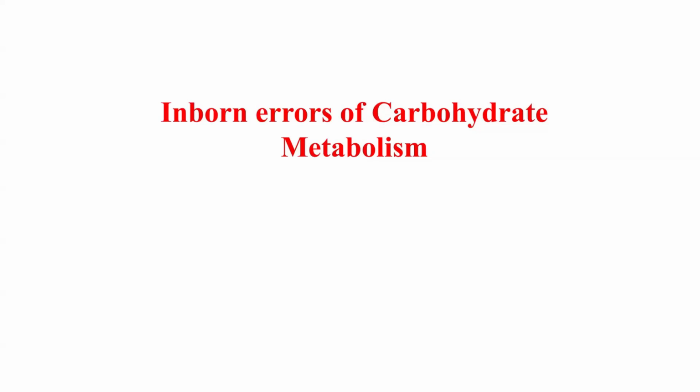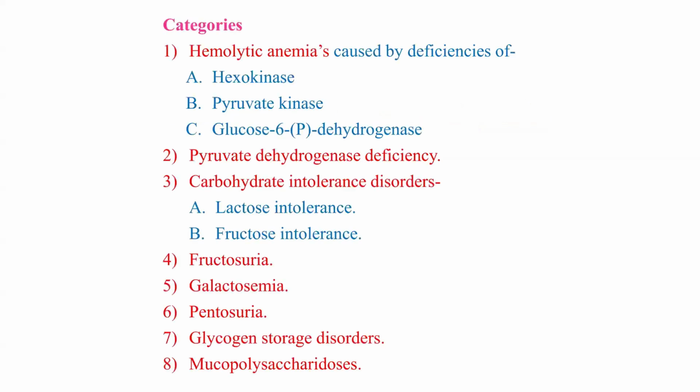In today's video, we are going to look at the inborn errors of carbohydrate metabolism. These are the categories of the disease that we are going to look at: hemolytic anemia due to hexokinase deficiency, pyruvate kinase deficiency, and glucose 6-phosphate dehydrogenase deficiency.